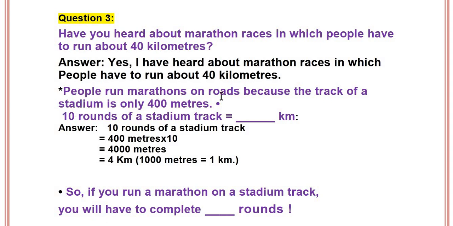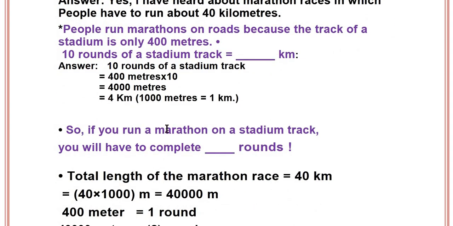People run marathons on roads because the track of a stadium is only 400 meters. 10 rounds of a stadium track is equal to 4 kilometer. So 400 meter into 10 is equal to 4000 meters. And we know that 1000 meter is equal to 1 kilometer. So 4000 meter is equal to 4 kilometer.